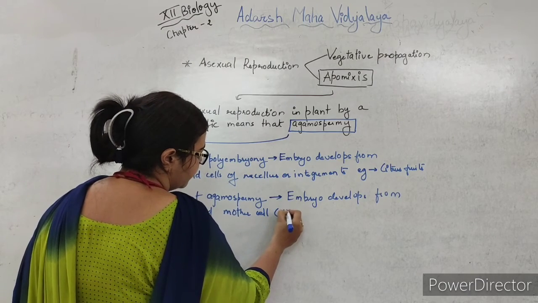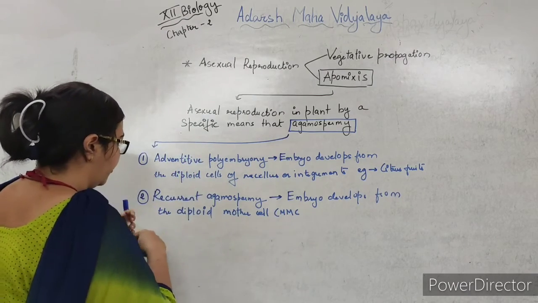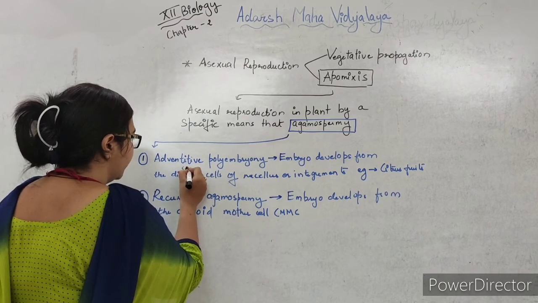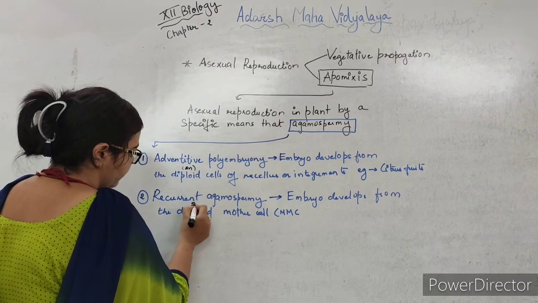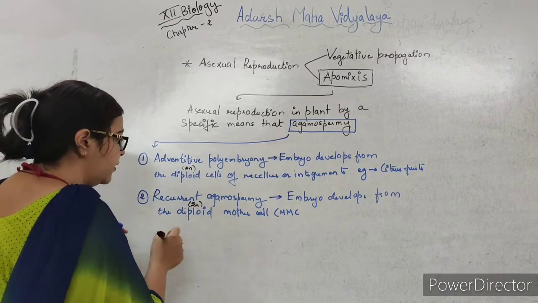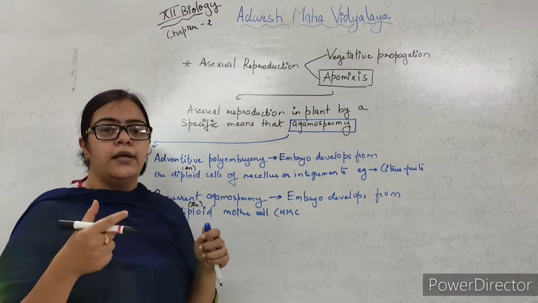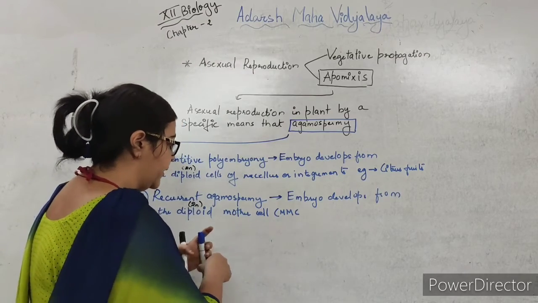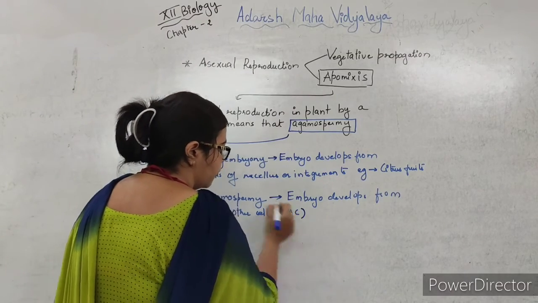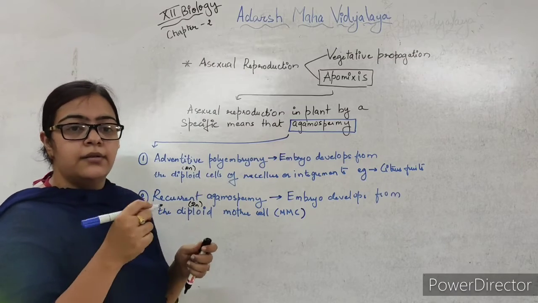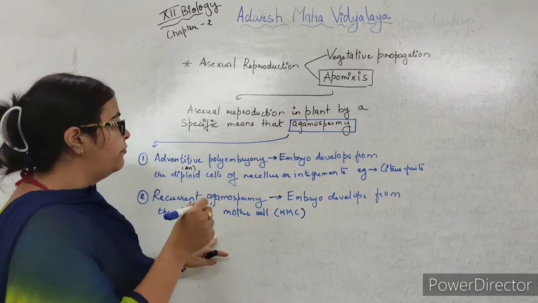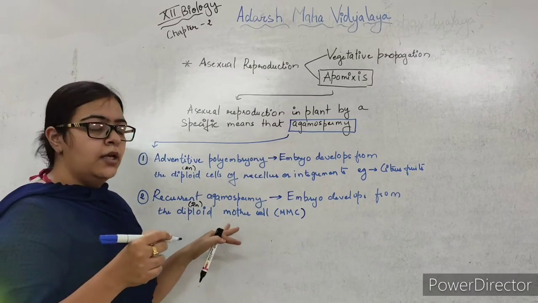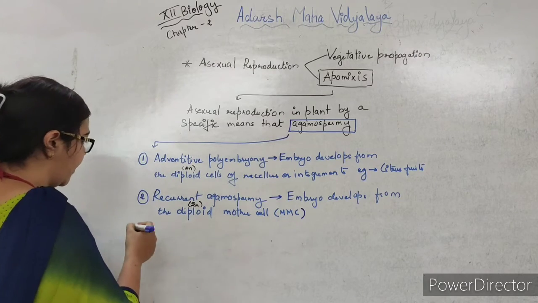Diploid means the two-n condition. So in recurrent agamospermy, the embryo will develop from the diploid mother cell, that is megaspore mother cell. The third type of agamospermy is non-recurrent agamospermy.